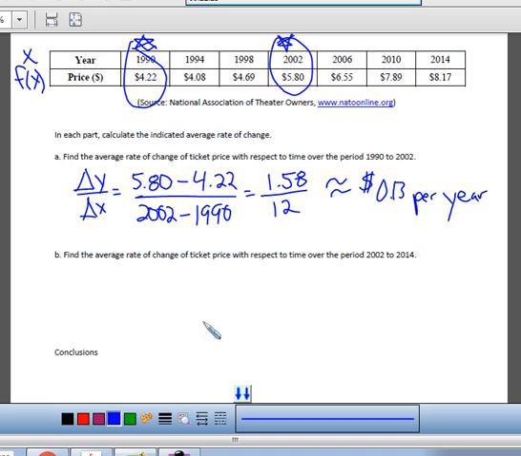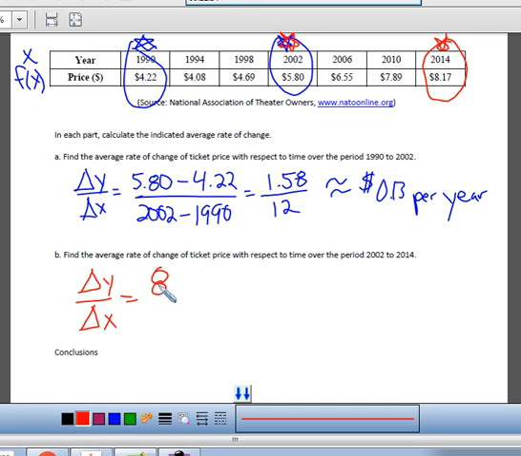Now we're going to do the same thing, but going from 2002 to 2014. So again, changing y over changing x, changing f of x over changing x, whatever you want to call it.